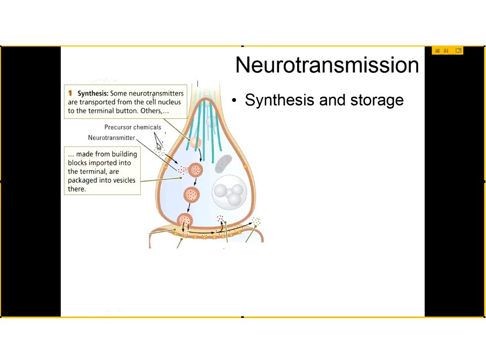So again, you have these precursor chemicals found outside of the neurotransmitter, and they can be used to make neurotransmitters on site, or we can have neurotransmitters made from activation of the DNA. So these two things are important in the synthesis and storage stage of neurotransmission. So we need to make the neurotransmitters, and then we need to store them.